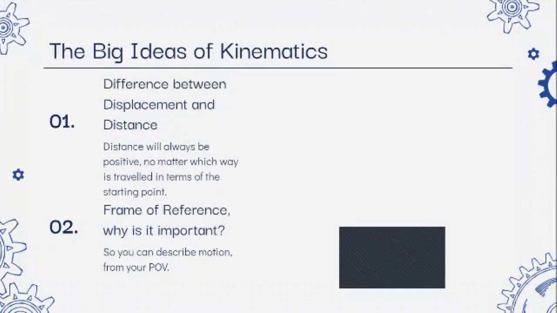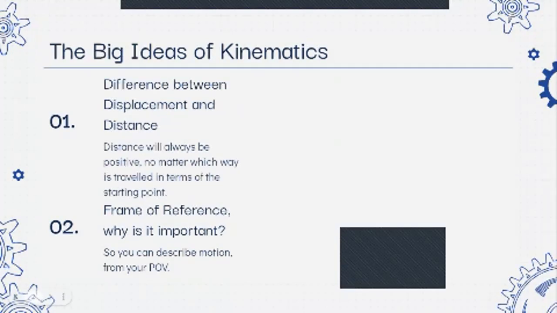But if we're on that boat looking at the beach, what does it look like is moving? It looks like the person on the beach is moving away from us. But really, we know that it's the boat that's moving. If we were to describe the motion that we see, we would be saying the person on the beach is further and further away from us. That's the frame of reference and why that's important.